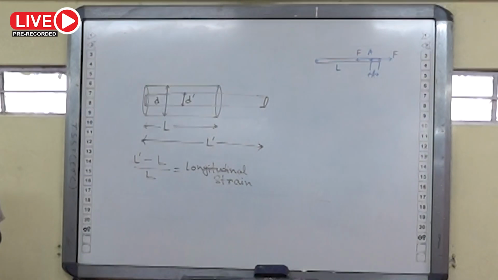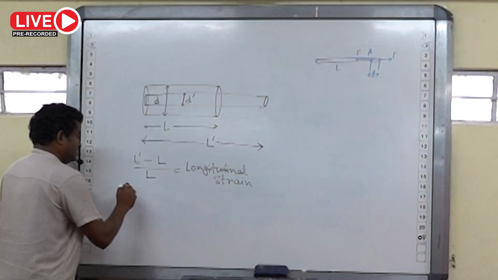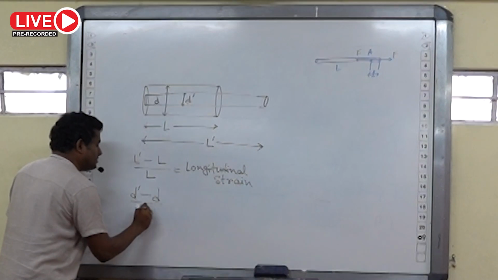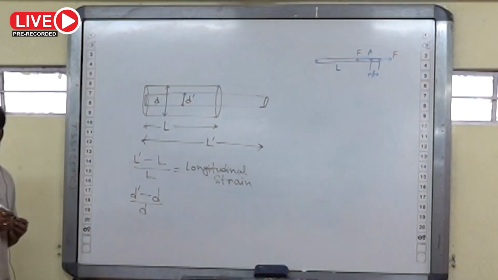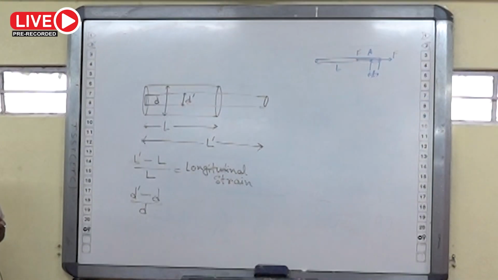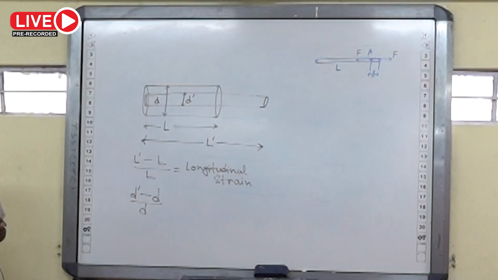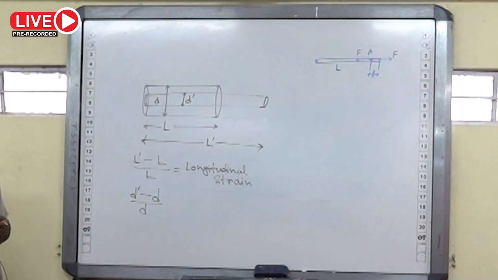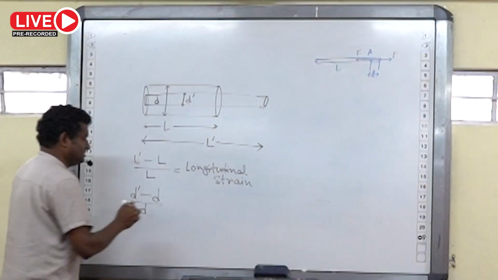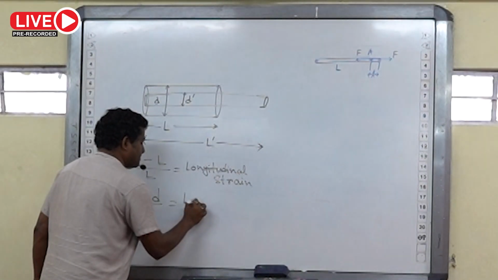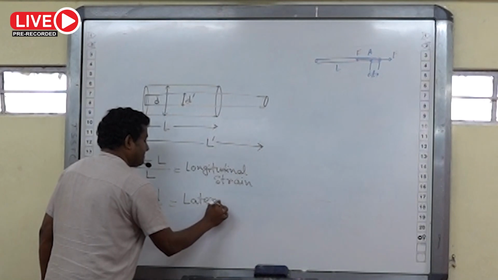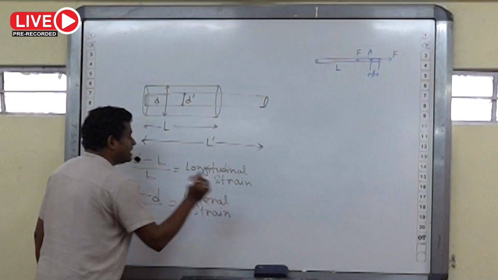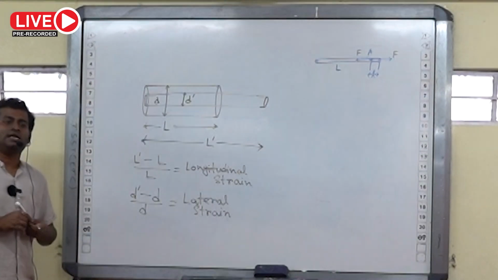Now define another quantity. D prime minus d divided by d. That is the lateral strain. That is final diameter minus initial diameter by initial diameter.